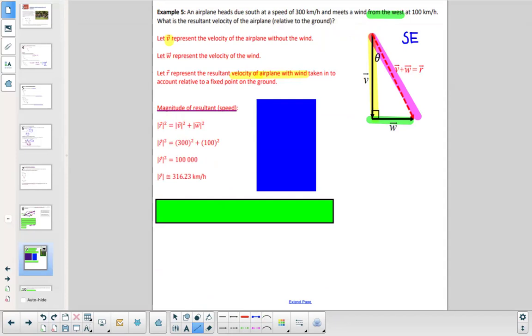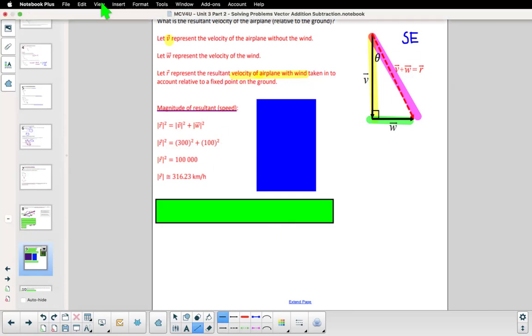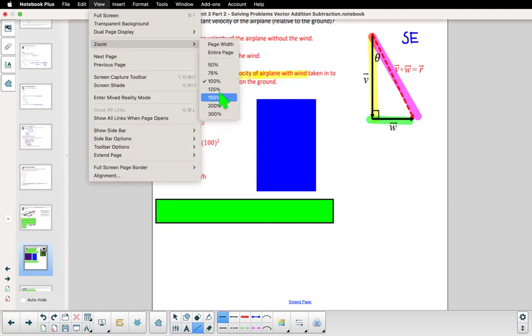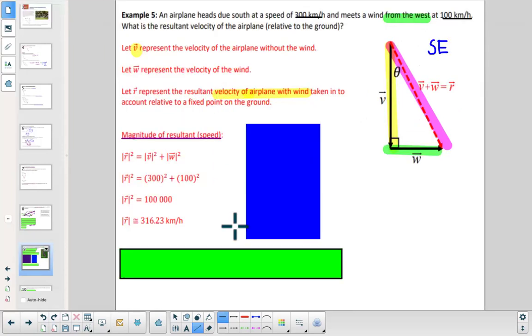So the speed of 300 kilometers per hour represents the magnitude of the airplane without the wind, and 100 represents the magnitude of the wind. So I'm going to label the speed as the magnitude. Velocity of the airplane is 300 kilometers per hour, and velocity of the wind is 100 kilometers per hour.